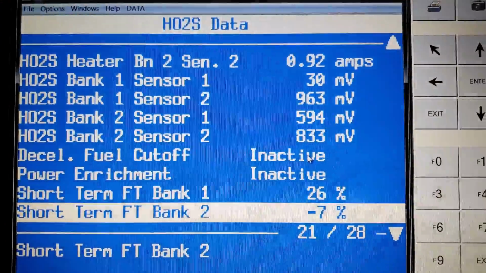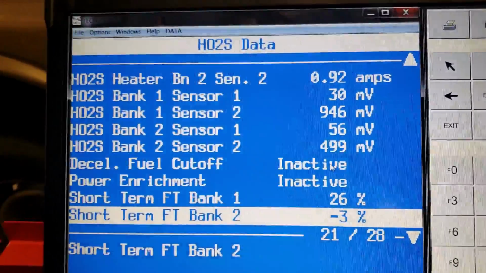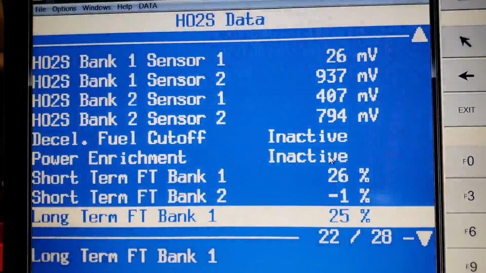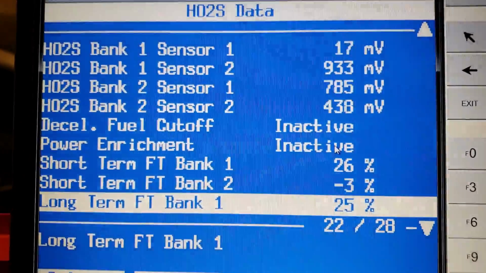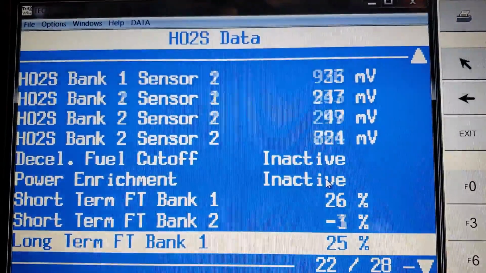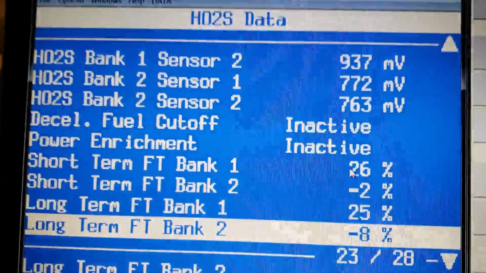This truck has already gotten plugs and wires, not because I thought that it was going to fix it, but because the plugs that were in there, particularly bank 1, so cylinders 1, 3, 5, and 7, were showing carbon fouling. Showing extremely rich mixture.